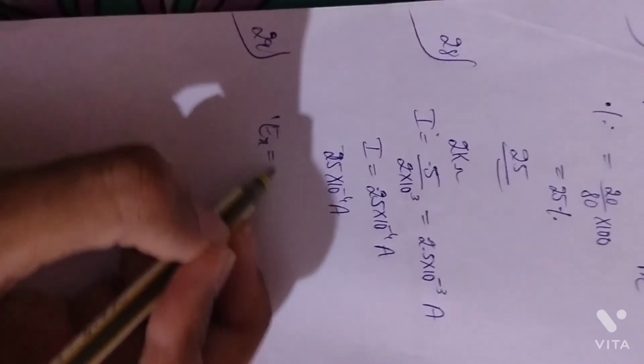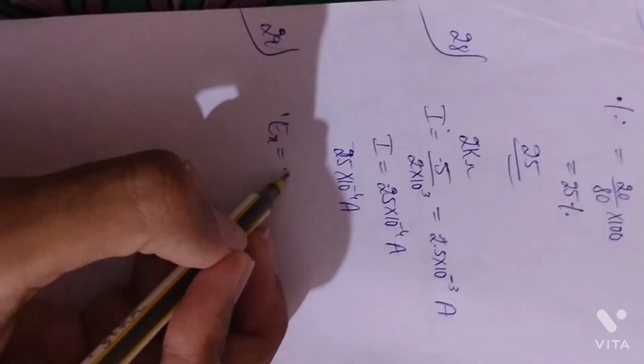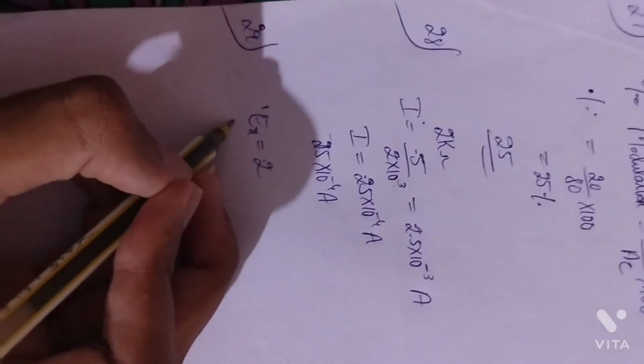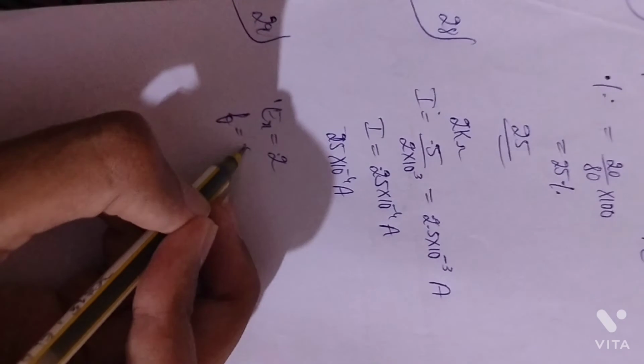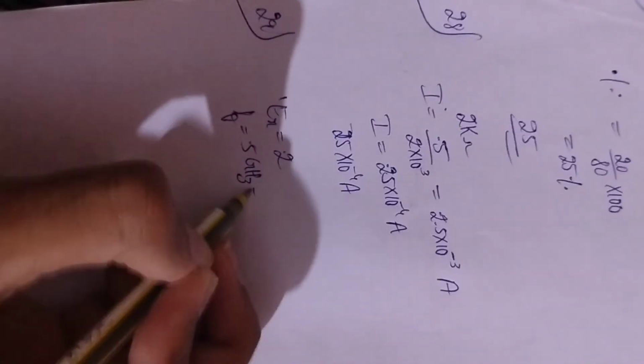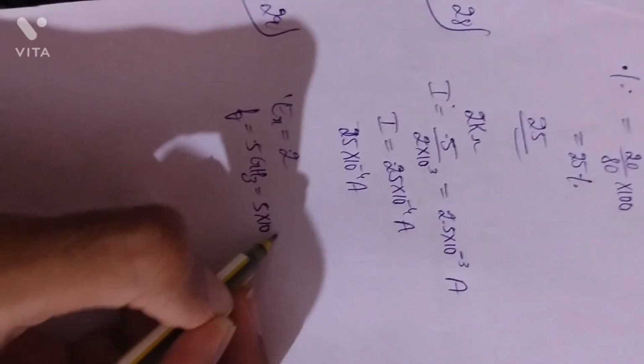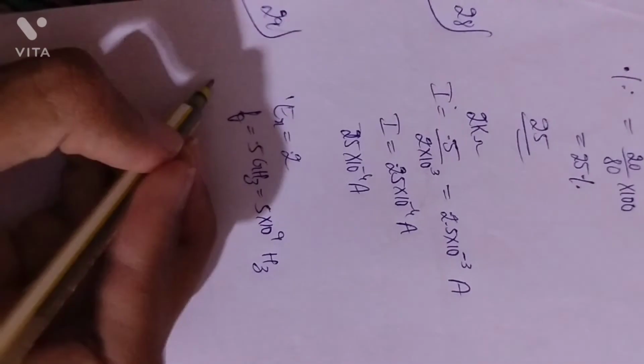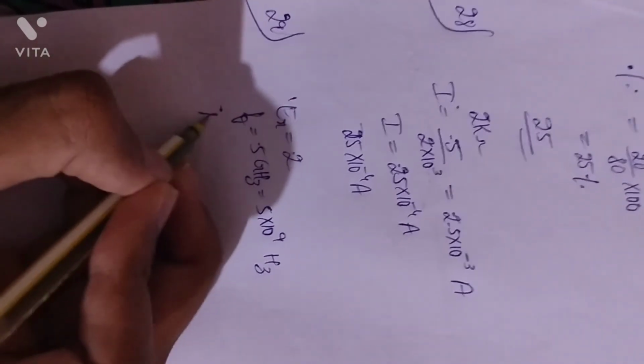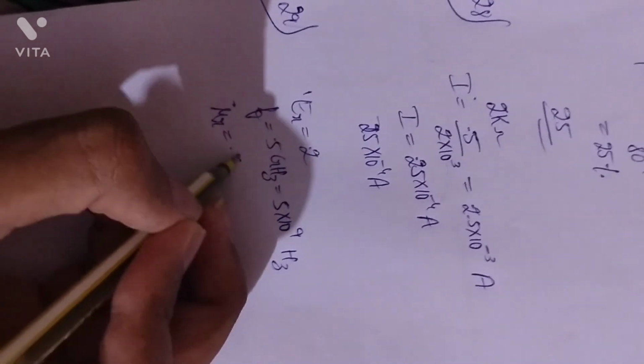So epsilon r, that is relative permittivity, is 2, and f, frequency, is 5 gigahertz, that we can also write as 5 into 10 to the power 9 hertz, and mu r, that is relative permeability, is 2.